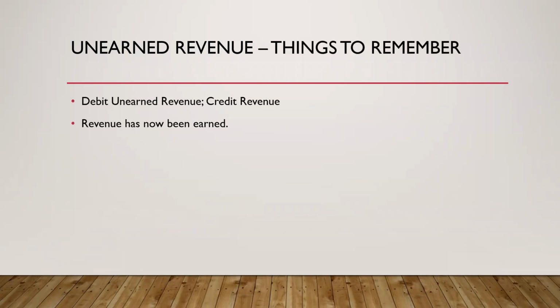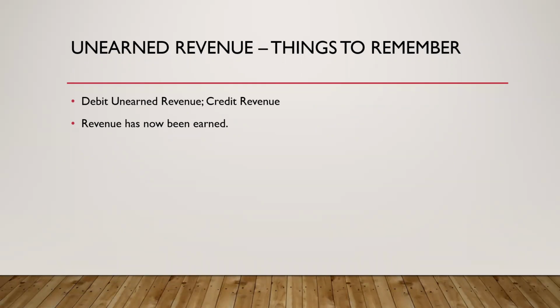So with unearned revenue, you can have unearned subscriptions revenue, unearned rent revenue, just a bunch of different things where we're changing the adjective, but the adjusting entry is essentially the same. We're debiting some type of unearned revenue account, and then we are crediting revenue.